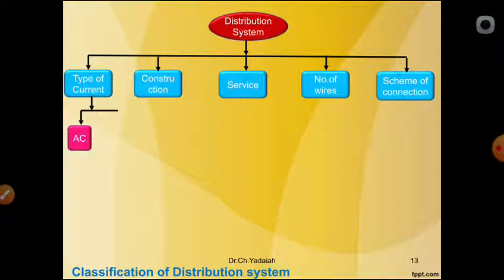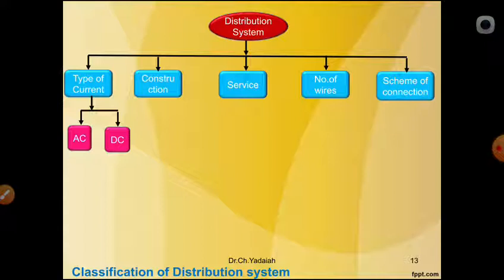Now, what is the type of current, whether AC or DC? Generally, the government supplies 230 volts single phase and 400 volts 3 phase AC to each and every consumer who requires it. After that, all electronic equipment works on DC supply, so whatever AC is given by the government is converted to DC inside some rectifiers.